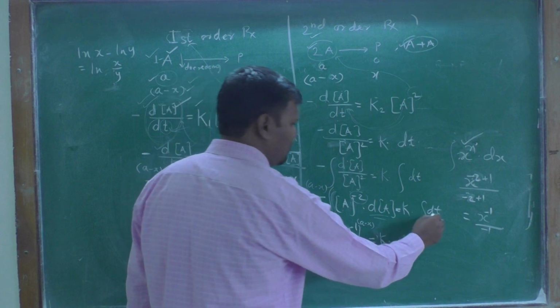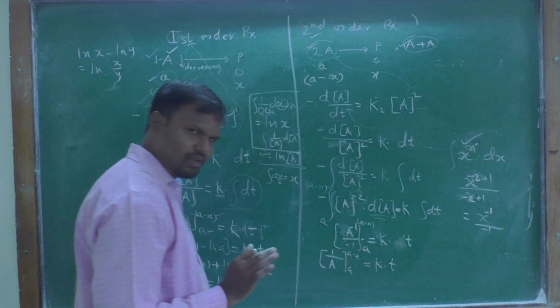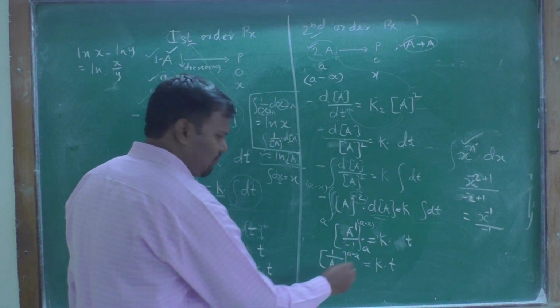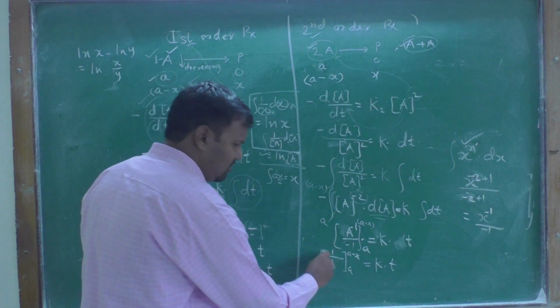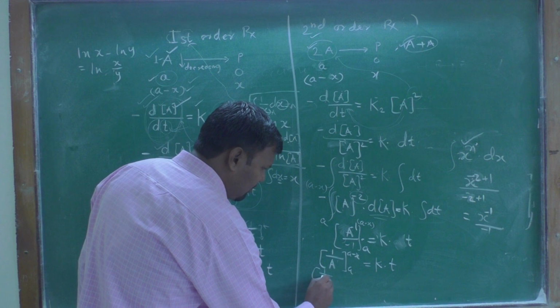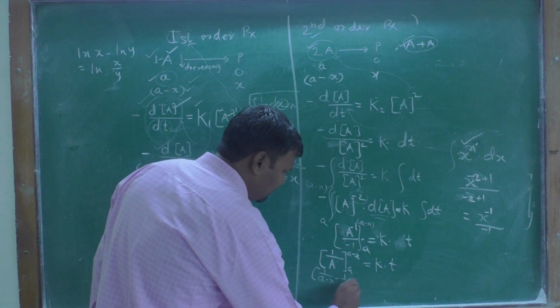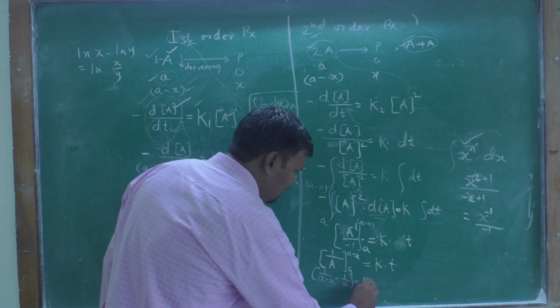Okay, already solved, integration dt is t. Therefore we have to remove the final concentration in this case. Therefore 1 upon final concentration a minus x minus 1 upon a is equal to k into t.